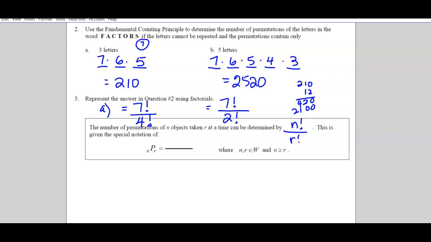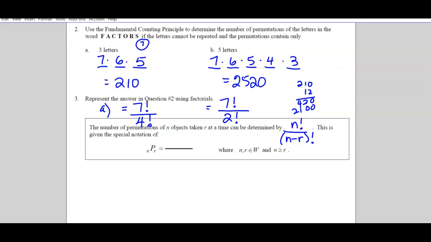It's n minus r. It's the difference, right? So 7 minus 3 is 4 factorial. 7 minus 5 is 2 factorial. So this is n factorial over n minus r factorial. Okay? That's how we can show that in factorial form.